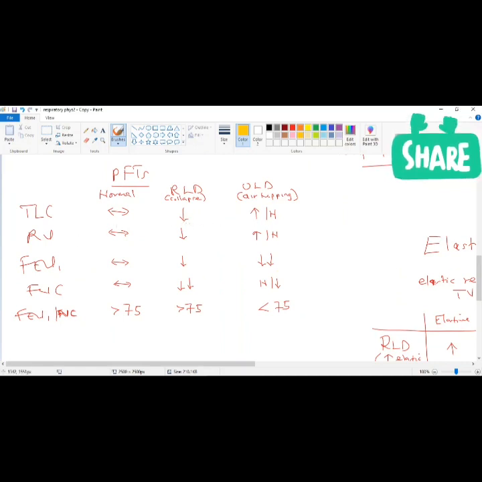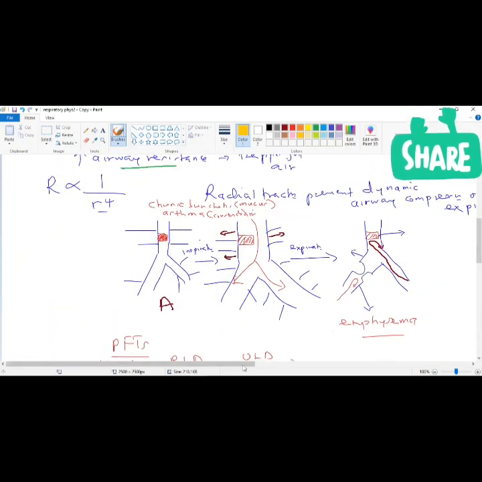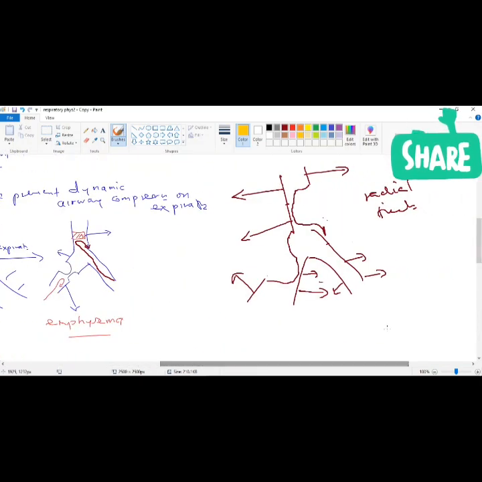Oh, yes, before we move on, based on this radial traction principle, why would you see greater airflow on expiration in patients with restrictive lung disease due to fibrosis? This explains why patients with pulmonary fibrosis have increased airflow out of the lung during expiration.